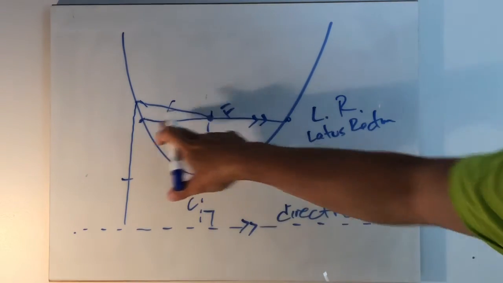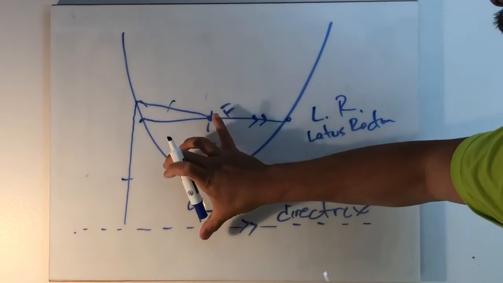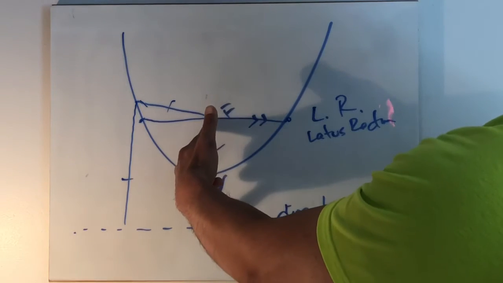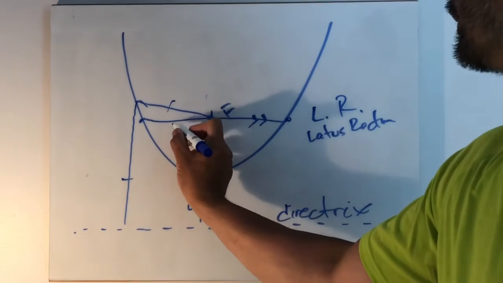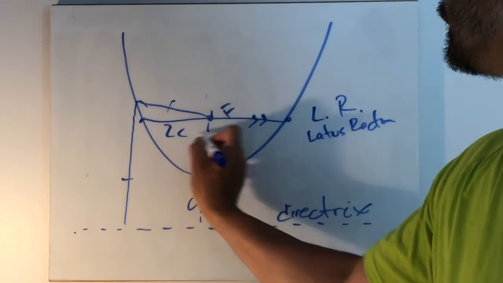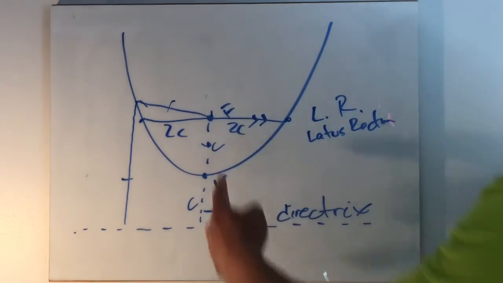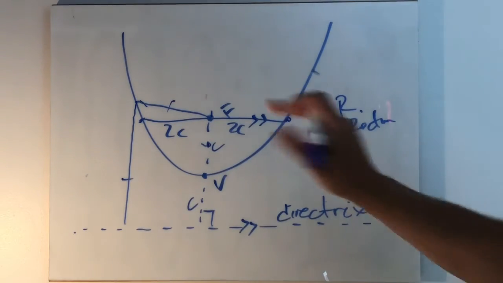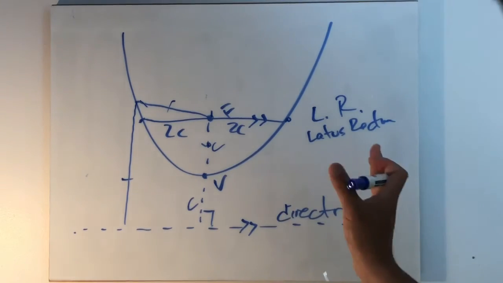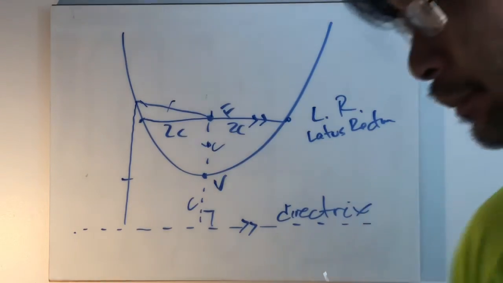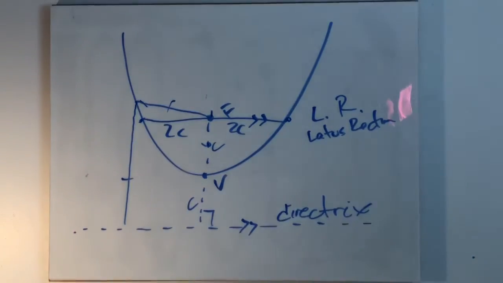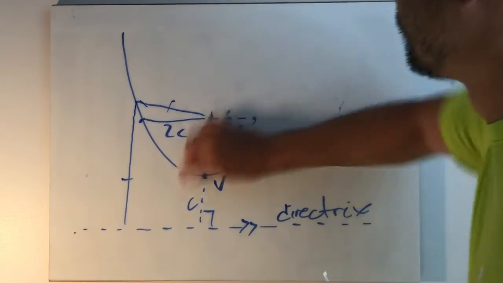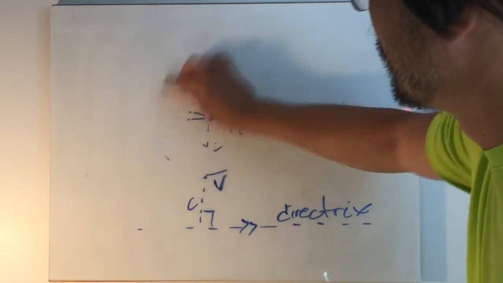Now, what's neat about the latus rectum is that it is 2C to C, so this should be the same as that. And you can use this to quickly sketch a graph. Again, basics of setting up, graphing and definition.